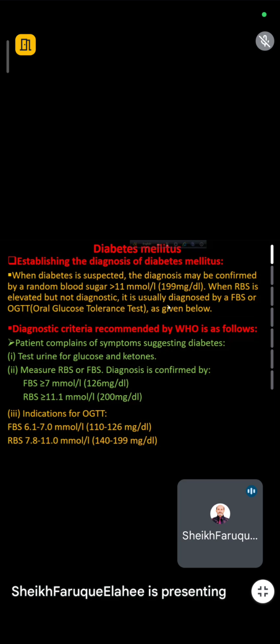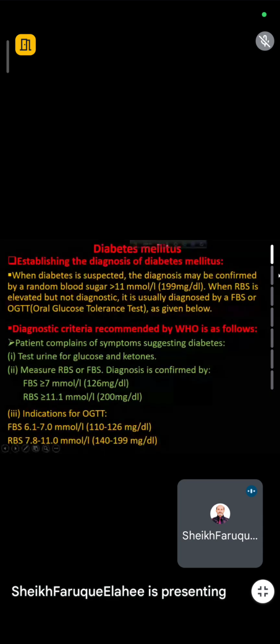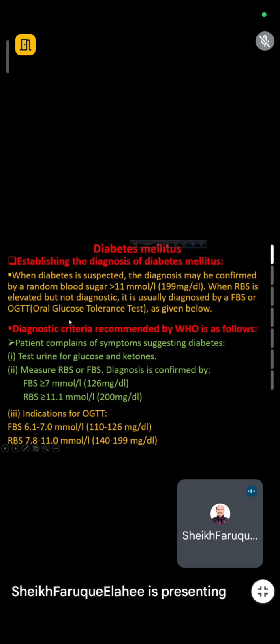But if it is less than 11 but more than 7, in between, then you are in confusion whether he is diabetic or not. Then what will you do? Then you will do for him an FBS, fasting blood sugar, or OGTT, oral glucose tolerance test. We say GTT, glucose tolerance test, to confirm that he has diabetes.